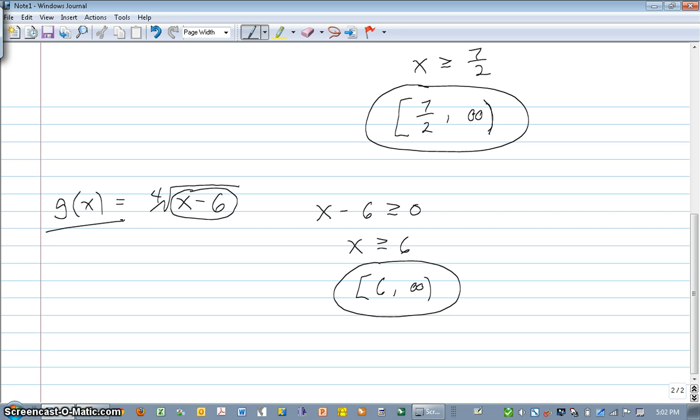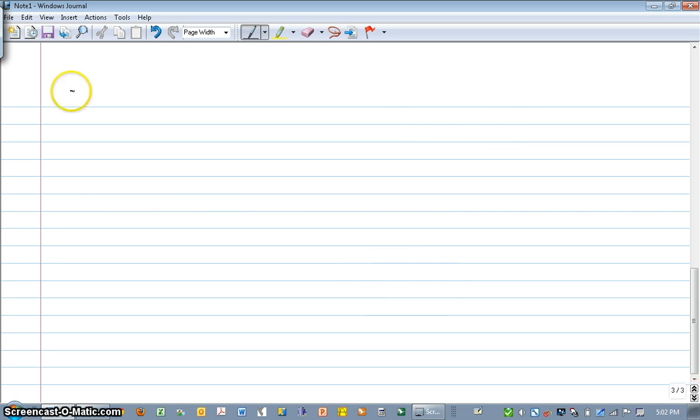Right, and then just to mention, you can also find the domain of an odd root function, so maybe cube root of whatever, something like that. Well, it's okay to take the cube root of a negative number. Say, for instance, the cube root of negative 8, we know, is negative 2, right?